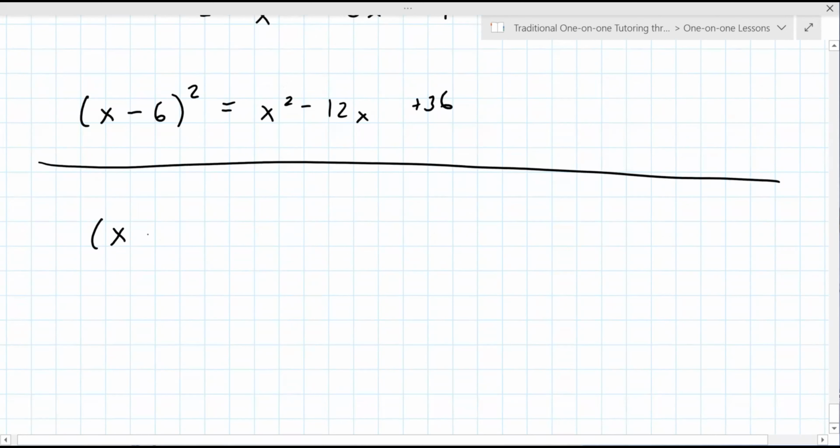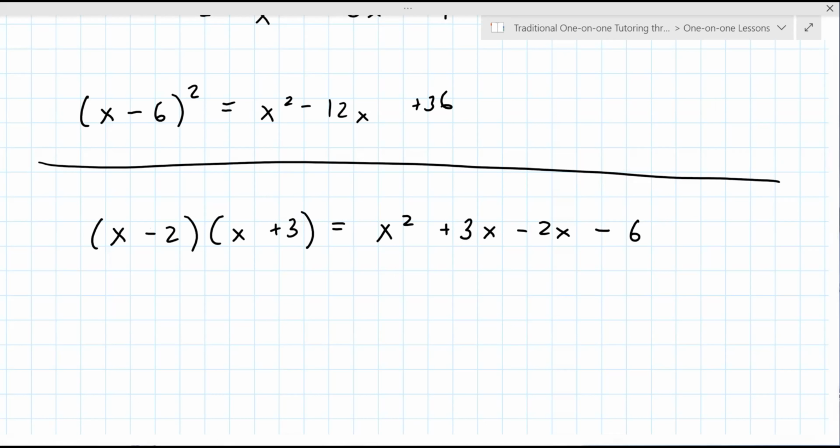What if it's x minus 2 times x plus 3? So that's x squared, negative 2x.